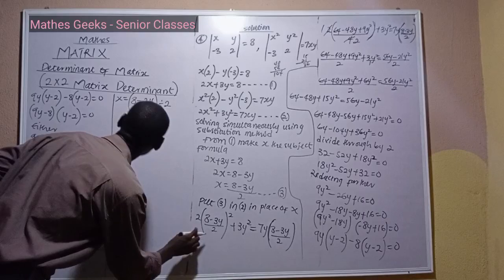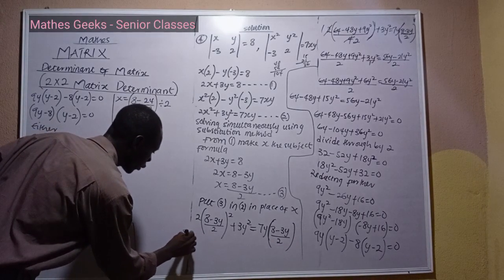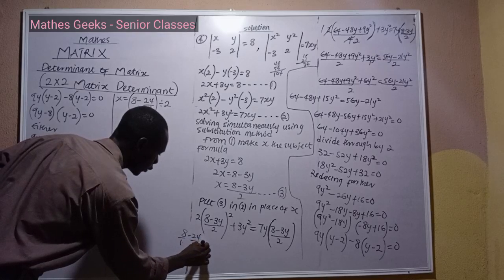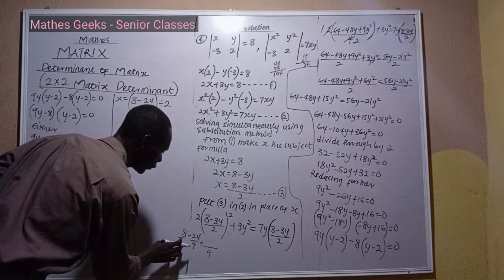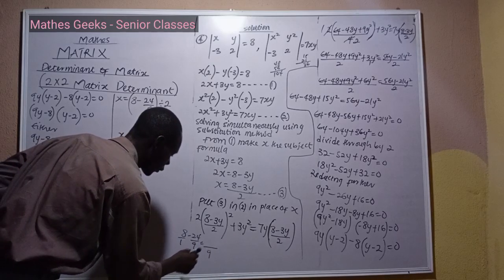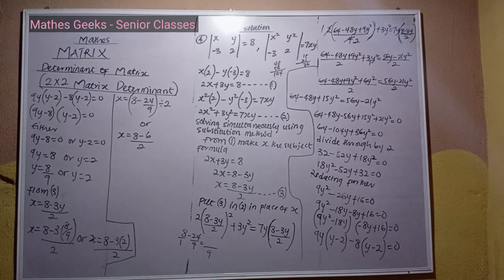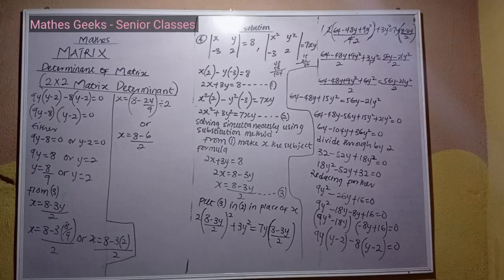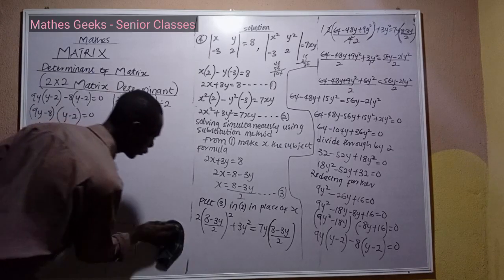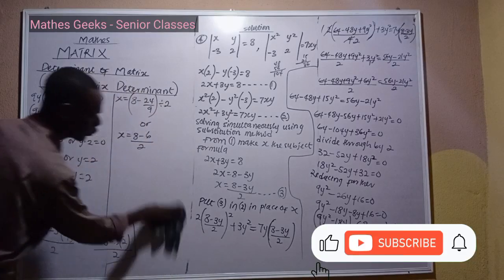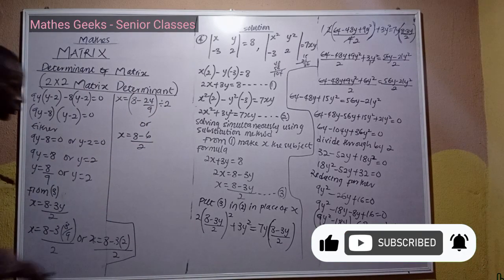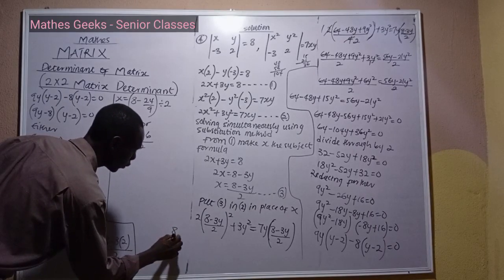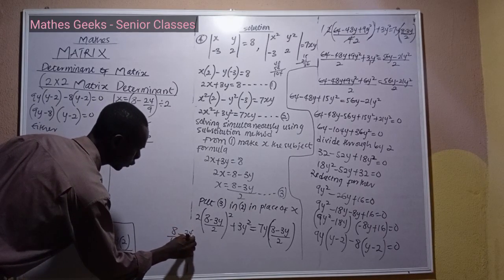Let's move it here: 8 over 1 minus 24 over 9.